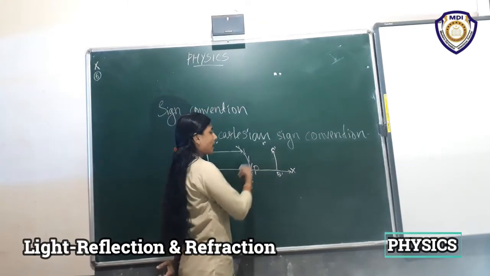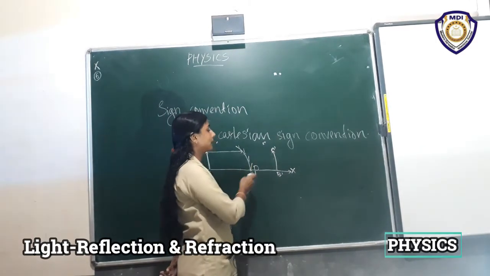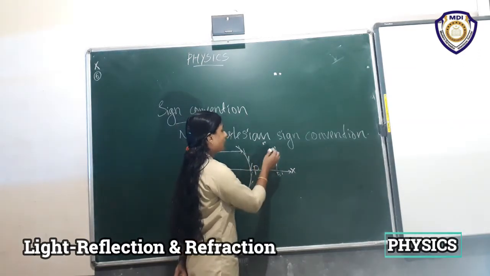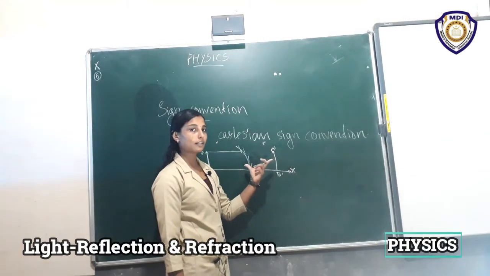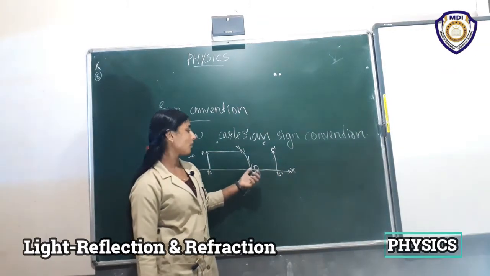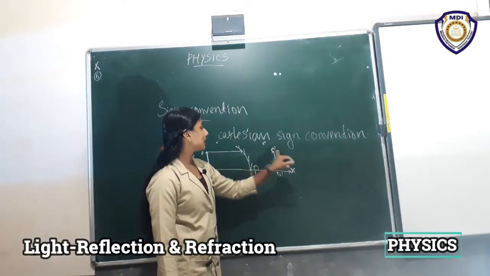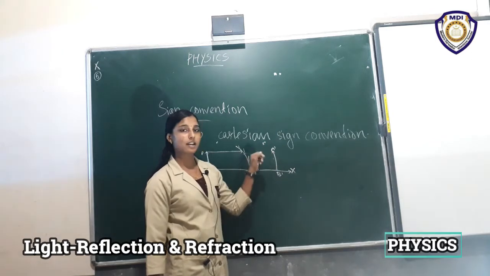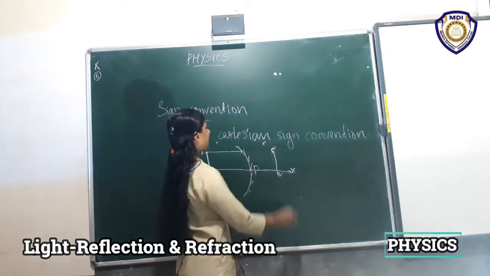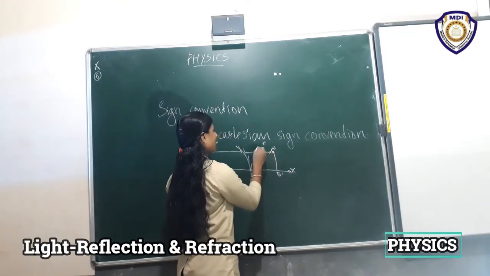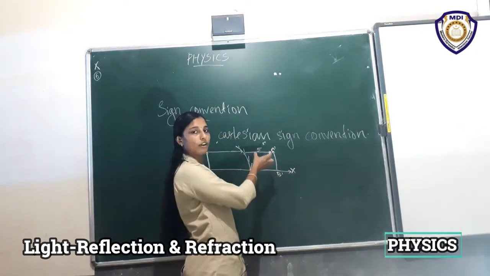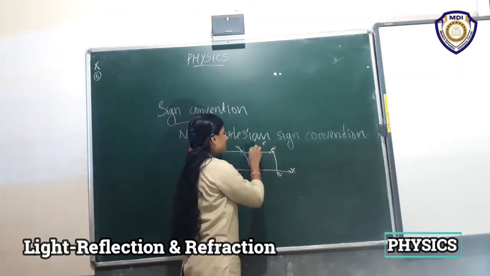We have to know the distance where the image is formed, so we measure it from the pole. All distances parallel to the principal axis are taken from the origin. If we calculate this distance, this is the positive x-axis, so if the distance from here to here is, suppose, 5 units, it is taken as positive 5.